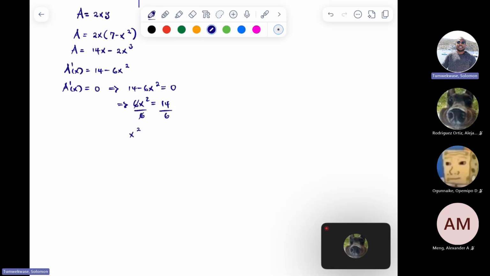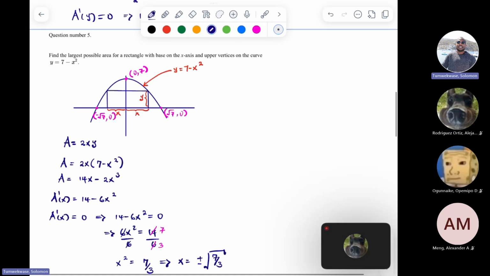We have x squared equal to 14 over 6, which I can reduce by 2 to get 7 over 3. And this means x is plus or minus the square root of 7 over 3.